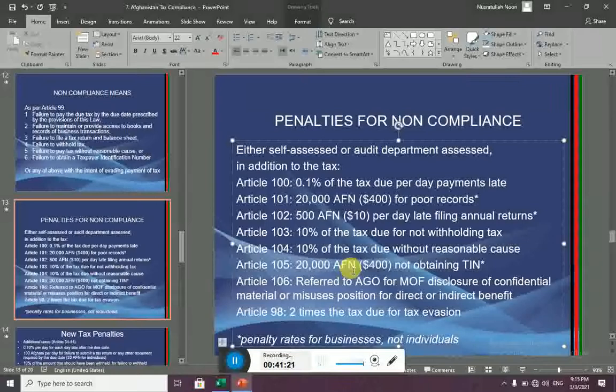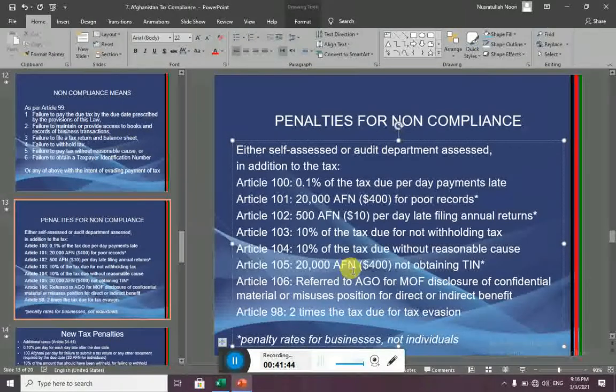For example, if you were to pay 20,000 Afghanis as annual income tax, then if you come under this tax evasion, you will have to pay 60,000. 20,000 will be multiplied by 2 times, so it's 60,000.